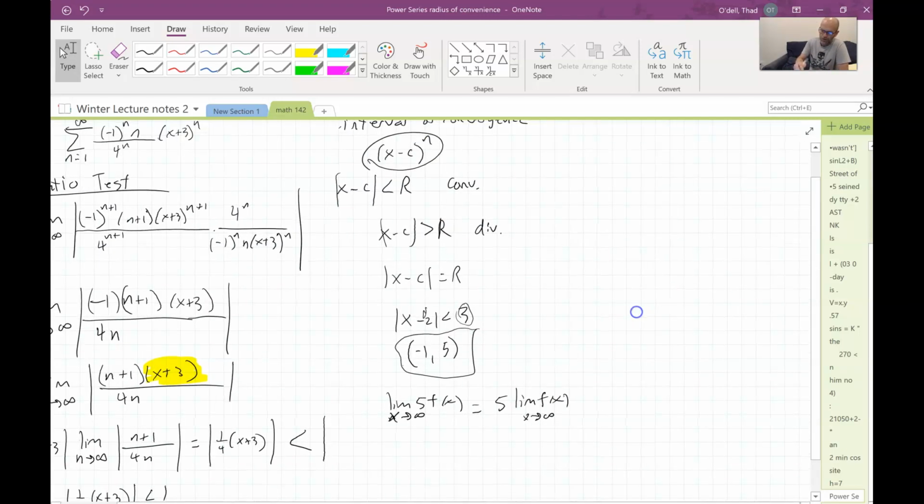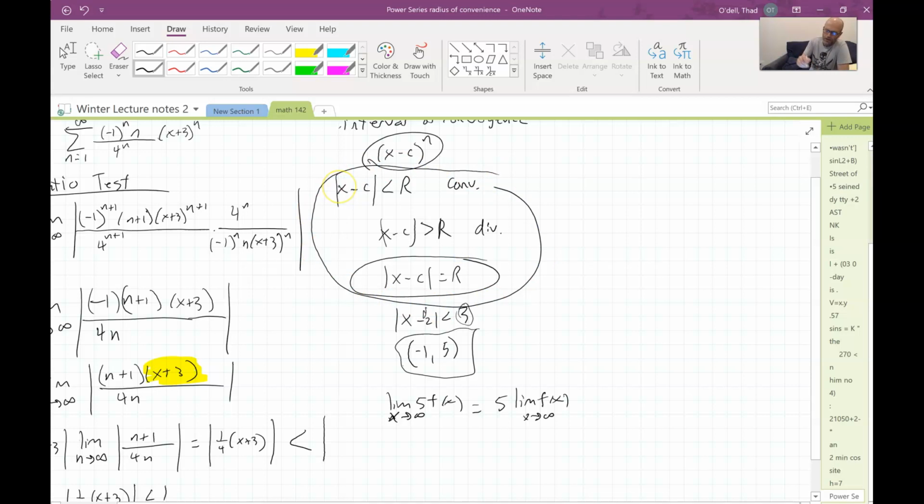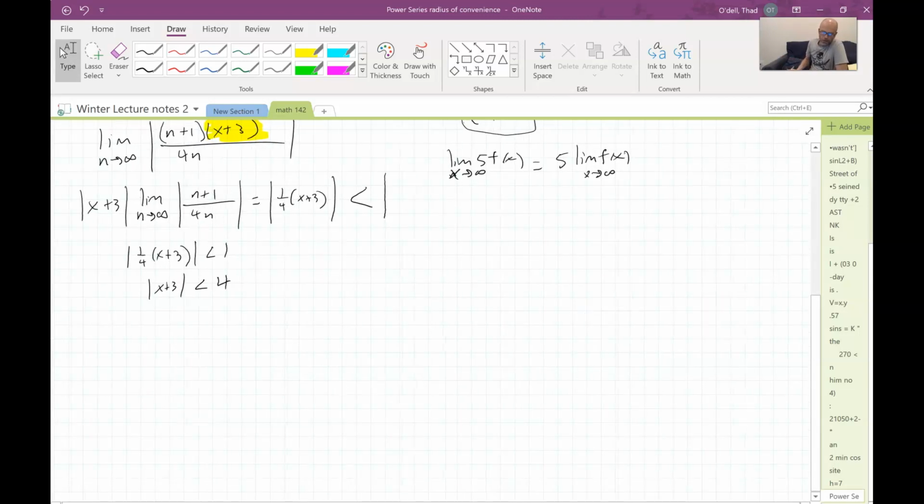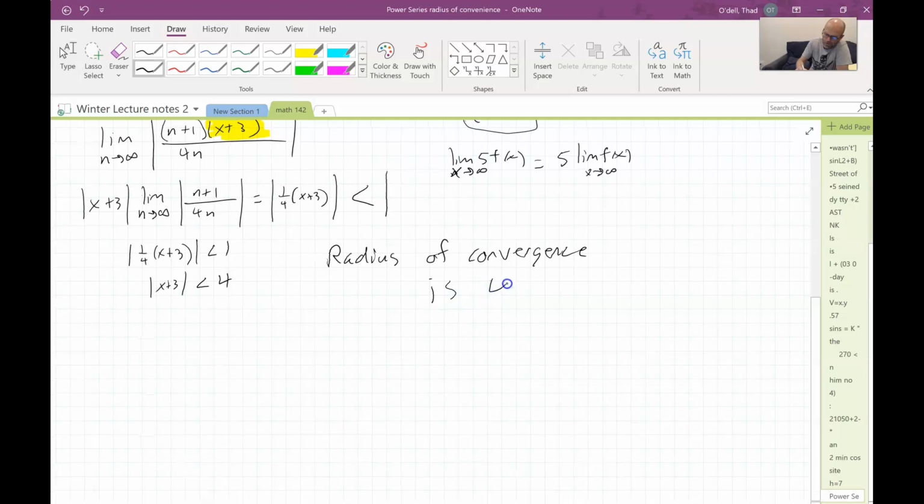When we're talking about radius of convergence, it's the absolute value of x minus the center less than r. So this expression here actually gives me the radius of convergence. So we would say the radius of convergence is 4.